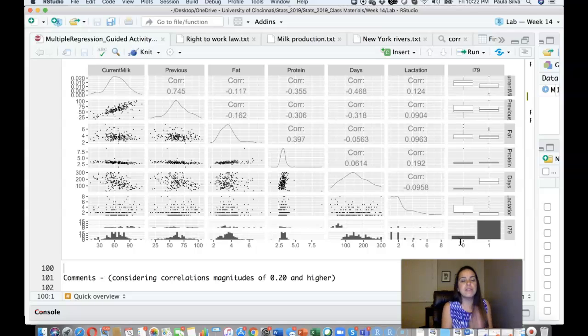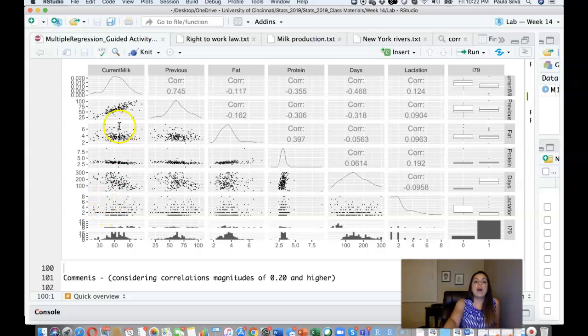Then, given that I am completely naive in this topic, I would be looking for scatter plots that look promising, because this is the one we want to predict, so how the other variables relate to current milk production, all right.